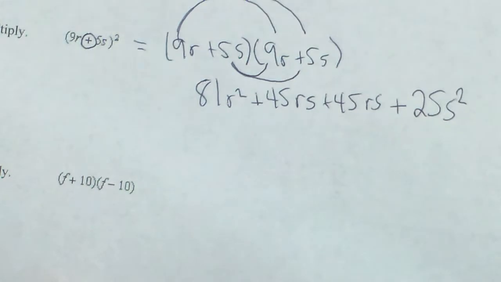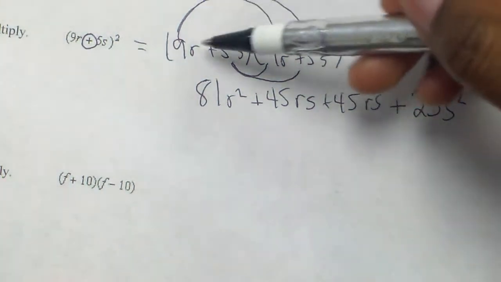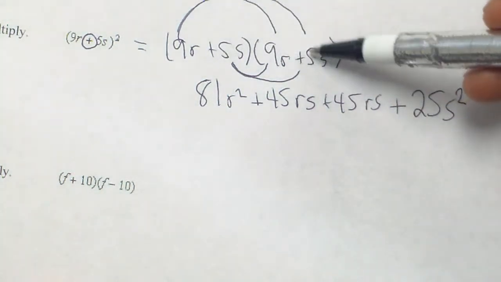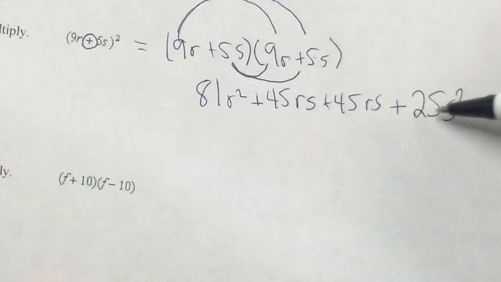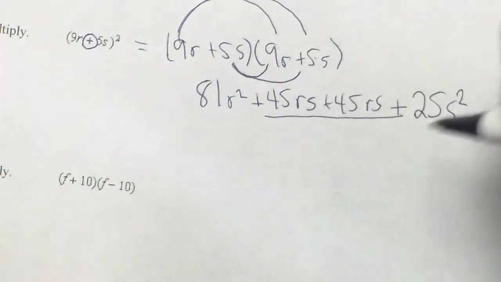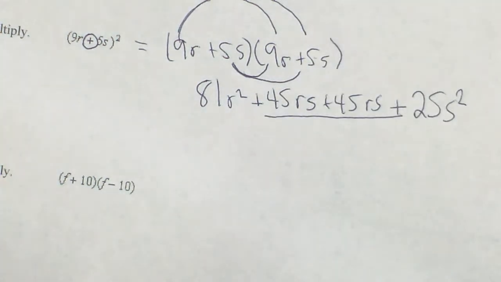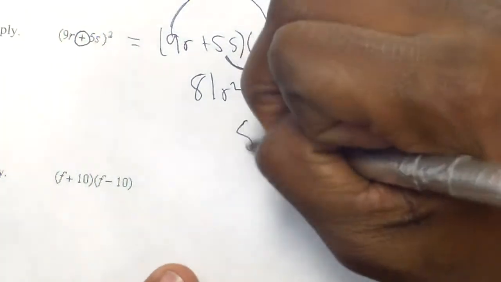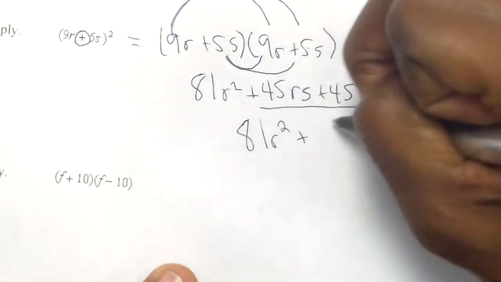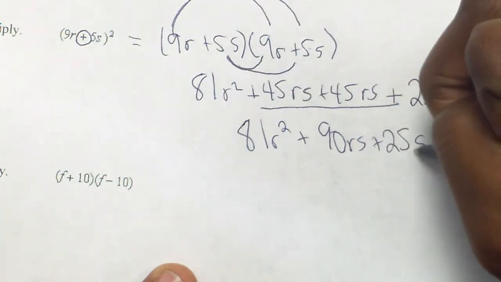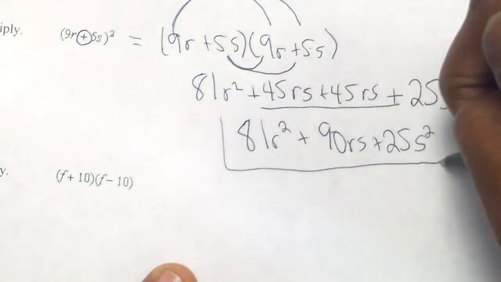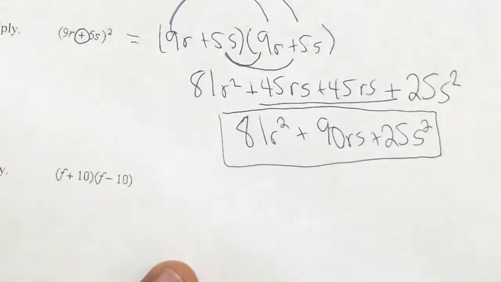You write it in the order that you multiply by. So we multiply this first, that goes first, the two r's and s combining in the middle, and then the 5s and 5s last. So when you have two variables, leave it in that order. Combine those like terms, and your answer is 81r squared plus 90rs plus 25s squared. And there is your answer. Got it?